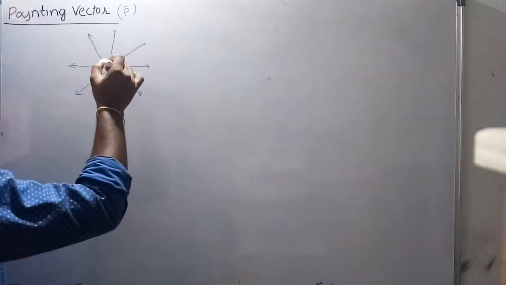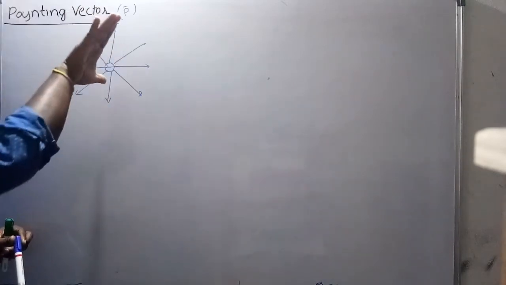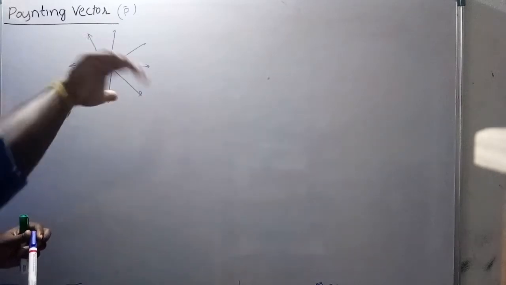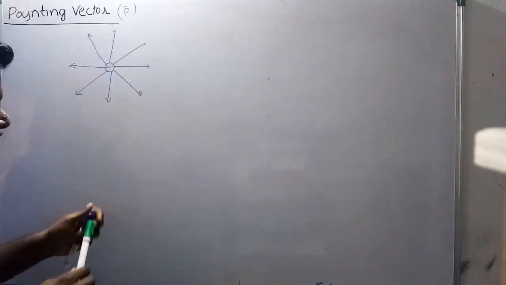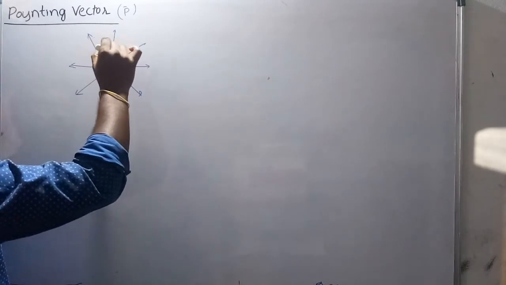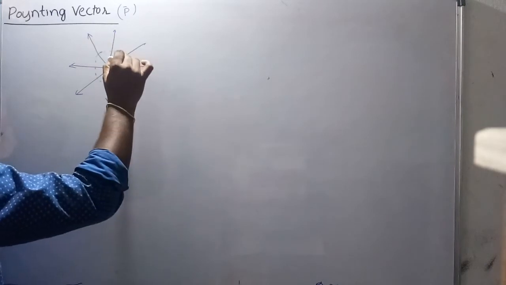Assume that your charge is moving into the board. Your curled fingers show the magnetic field direction, so the direction of the magnetic field will be clockwise. I am representing the magnetic field lines with circles.